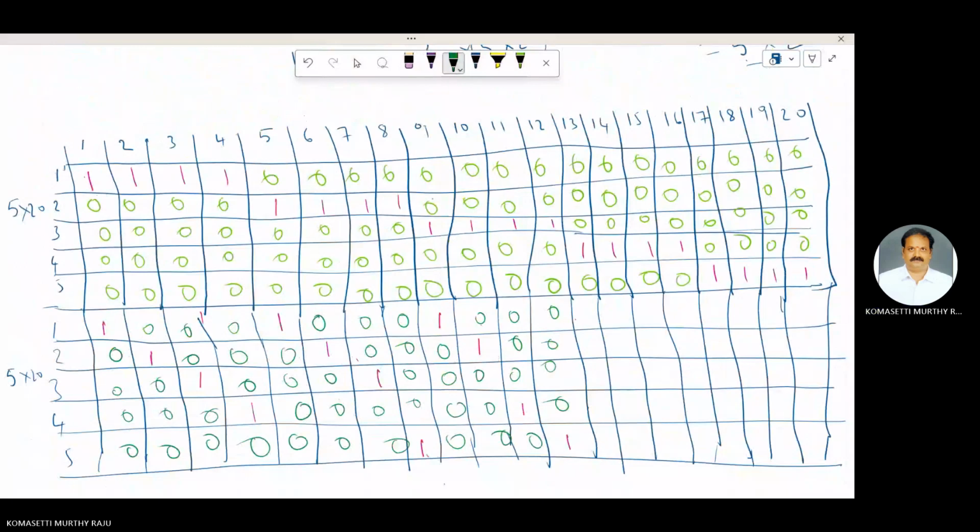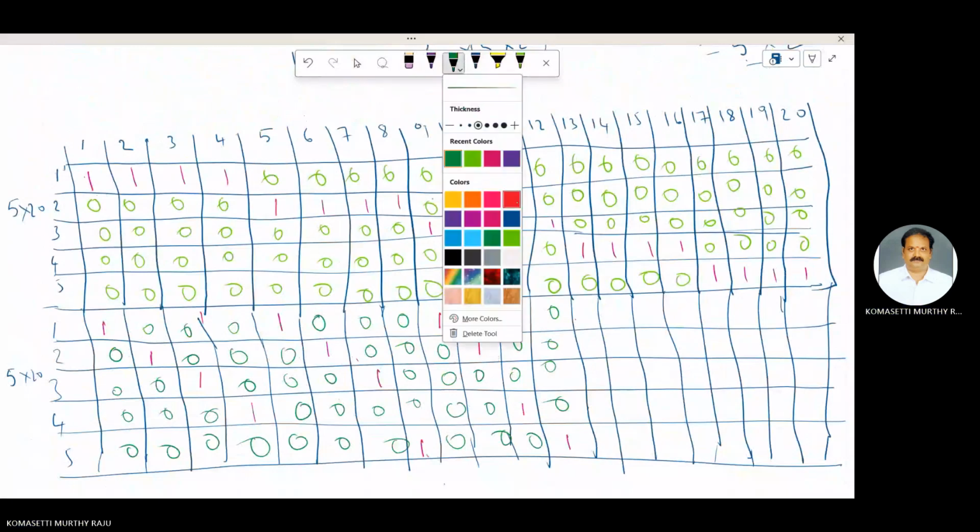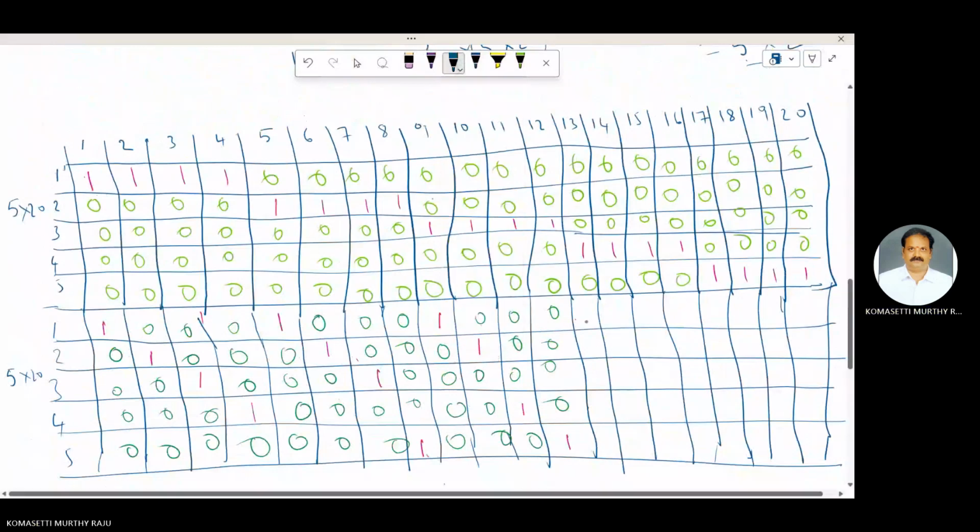Coming to the 13th column, put 1 here. The 13th column is also completed.